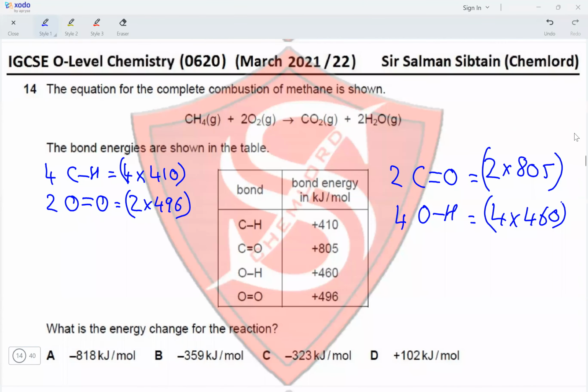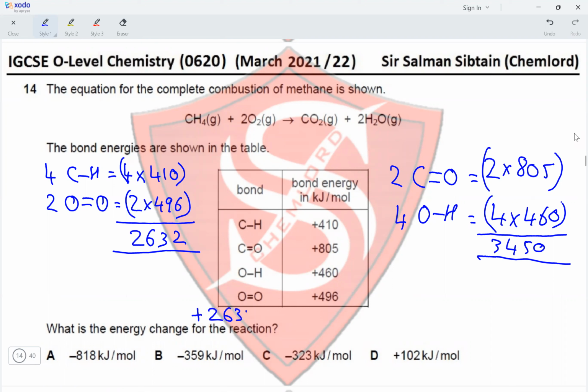So the total energies of the reactants is equal to 2632 and the total energies of the products is equal to 3450. Now since energy is needed to break the bonds, this value for the reactants would be positive 2632, and since energy is given off when bonds are formed, the energy of the product would be negative 3450.